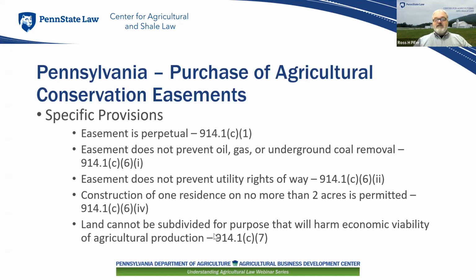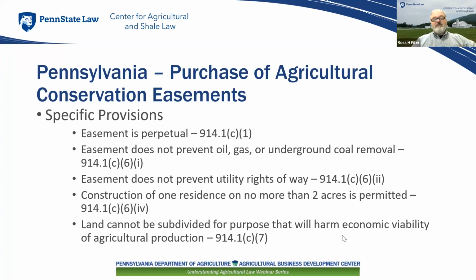Now, generally speaking, when you look at subdividing the land, there's a prohibition on subdividing land if that subdivision is going to harm the economic viability of agricultural production. So obviously, this is a very general statement. That's what's provided in the statute.